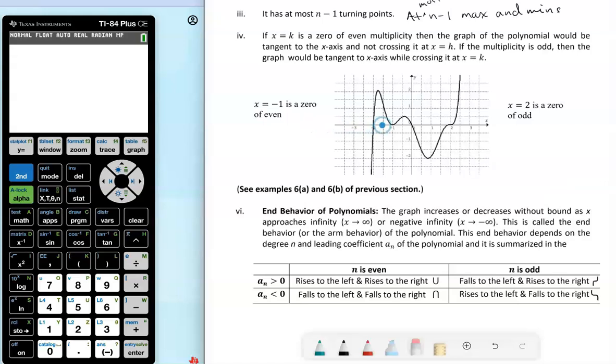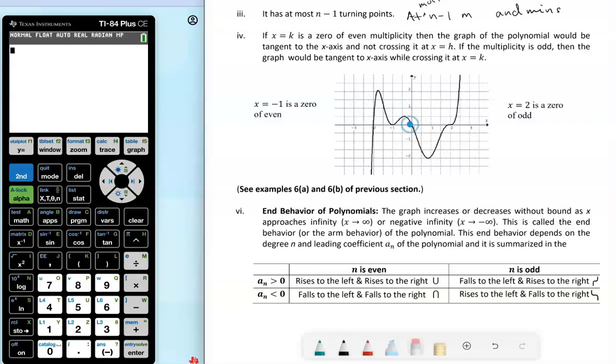So as we go this way, if we can imagine the x-axis continually going to positive infinity, then this end behavior, as x goes towards positive infinity, increases without bound. So it means it's going to plus infinity in the y direction as well.